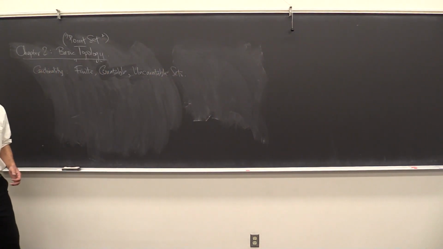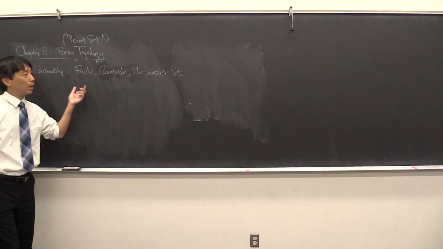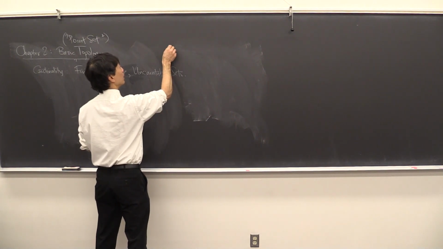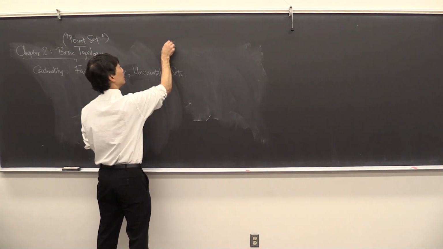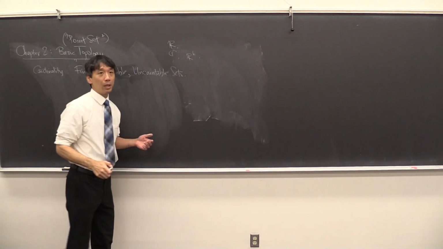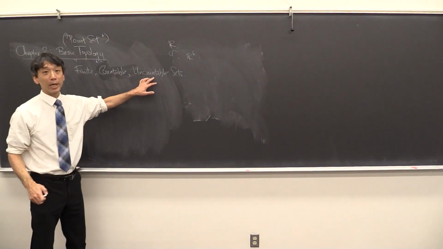Okay. So the things that we're going to be dealing with in this course are mainly these things called metric spaces, and we'll be dealing with R, with complex numbers, with Euclidean space. And those are going to turn out to be these things called uncountable sets.